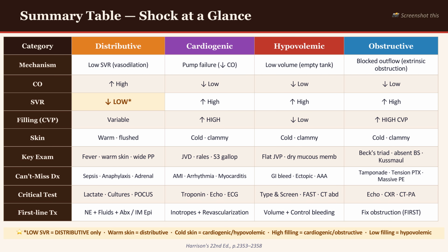JVP tells you full versus empty. And within the cold, full patients, the echo tells you cardiogenic versus obstructive. The can't-miss diagnoses are tension PTX, cardiac tamponade, massive PE, septic shock, anaphylaxis, adrenal crisis, and the surgical emergencies, ruptured AAA, ruptured ectopic. These reward the clinician who thinks in frameworks, not lists.